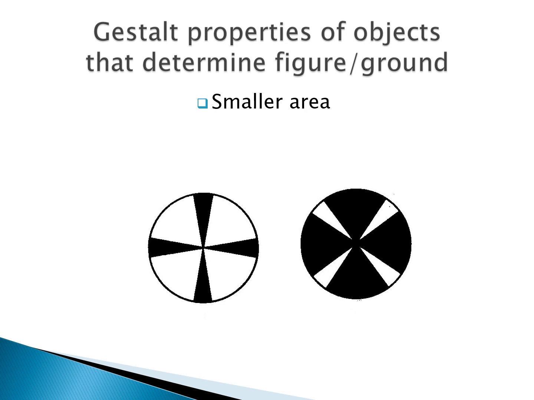Is it the plus sign or the X? It tends to look like the X, right? And again, I can tell you it's the plus sign, and you can kind of make yourself see that, but it's easier to perceive it as the X. We're taking the smaller area as being the figure and the larger area as being that unformed ground.